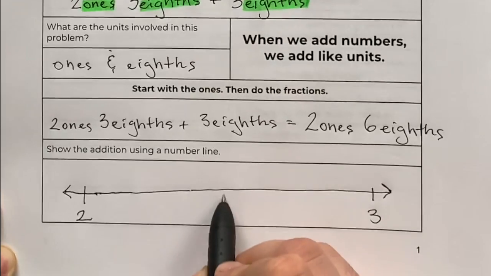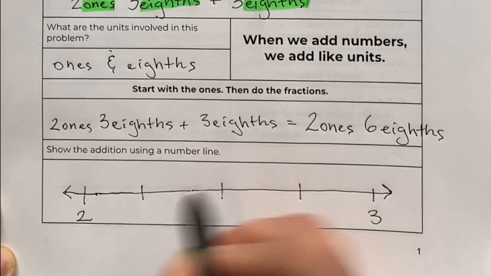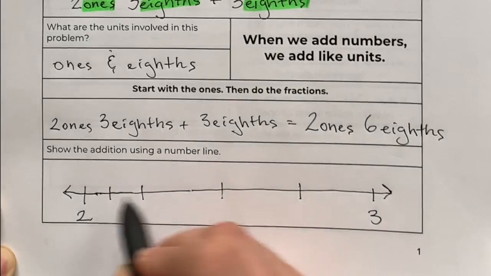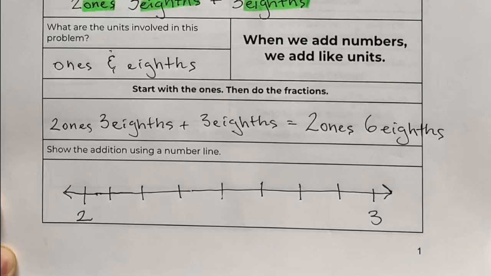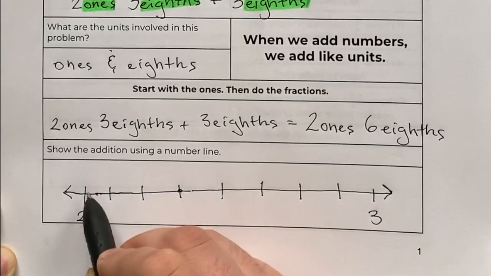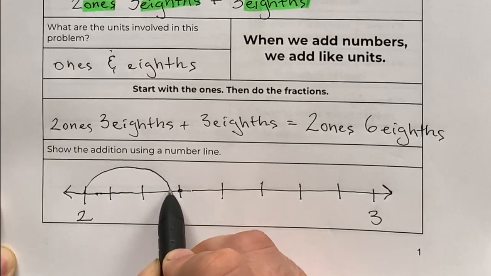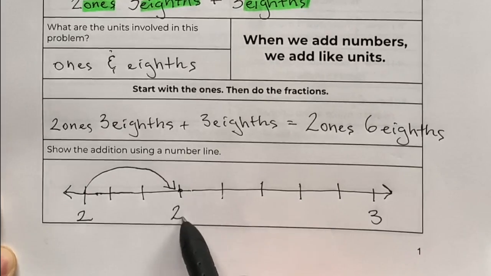And to make eighths, remember I just split it down the middle to make halves. Half of a half is a fourth. Half of my fourths are eighths. So this is 2 3/8 right here.